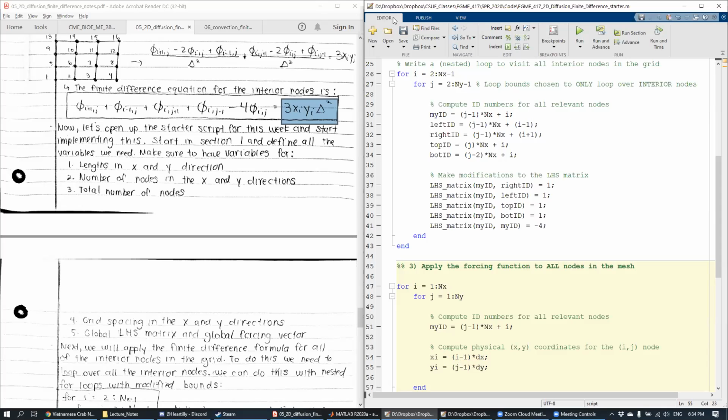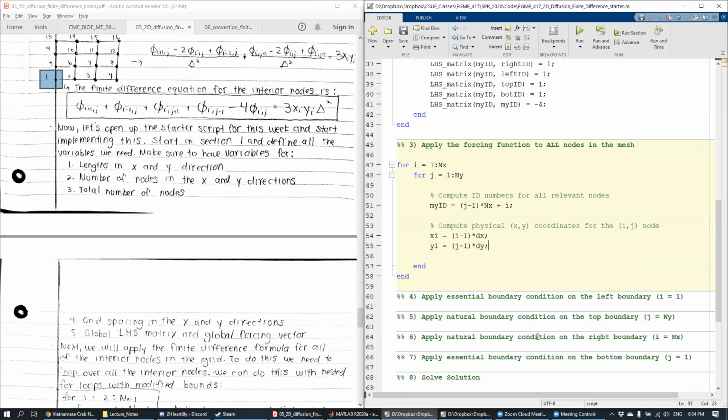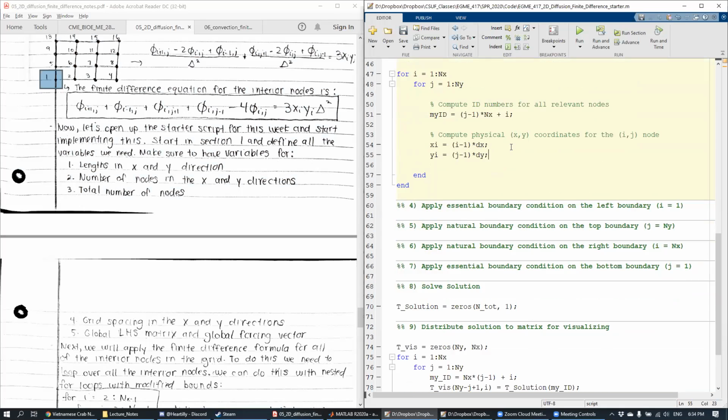Right. And so these equations right here will basically get us the physical xy, assuming that our origin here, node number 1, has xy coordinates of 0, 0. Okay. Right. And so from these equations, hopefully it kind of makes sense why we did this, right? Because remember, dx is the grid spacing in the x direction. So it's the amount of space in between, say nodes 1 and 2 right here.